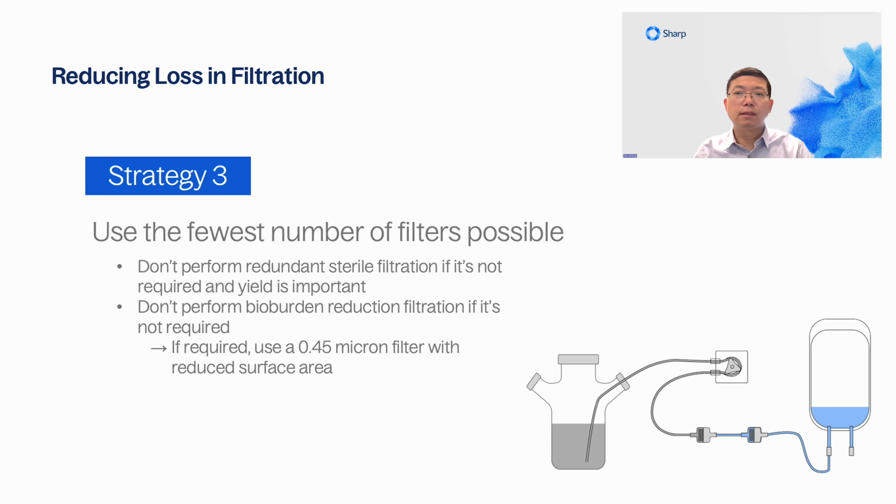The risk of using fewer filters is a potential reduction in sterility assurance when there's a filter integrity issue. The potential filter integrity issue could be mitigated by performing pre-use post-sterilization integrity test.